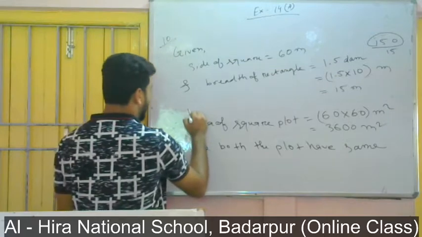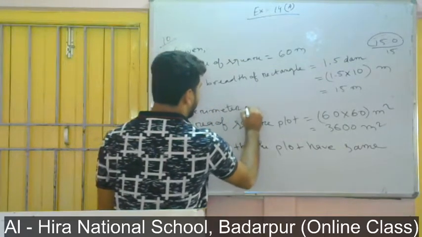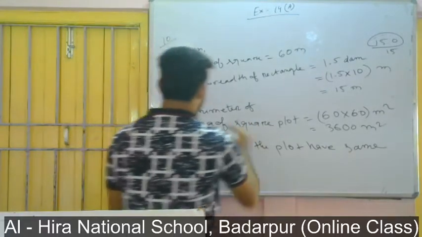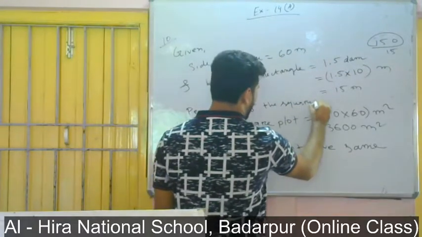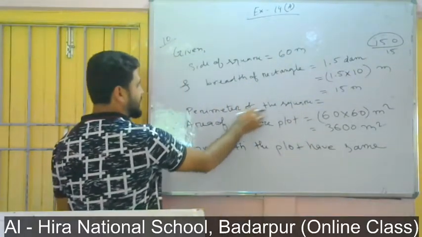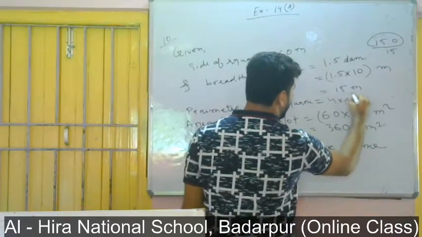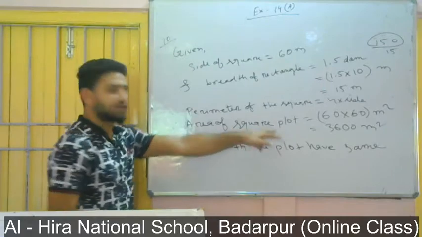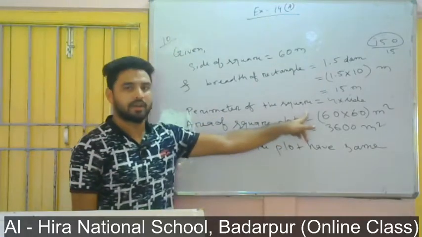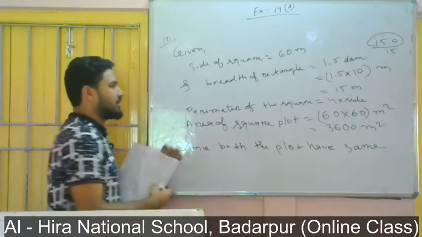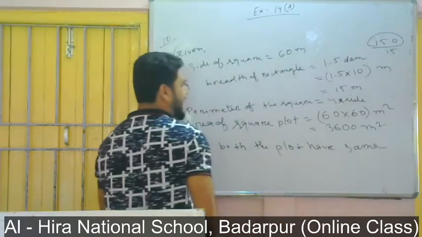Therefore perimeter of the square will be 4 into side. We know this formula. Before area of square you write this one, perimeter of the square equals to 4 into side.